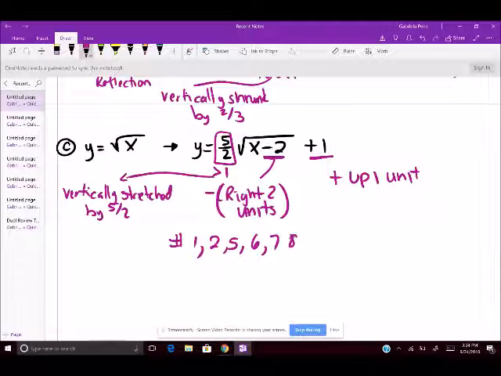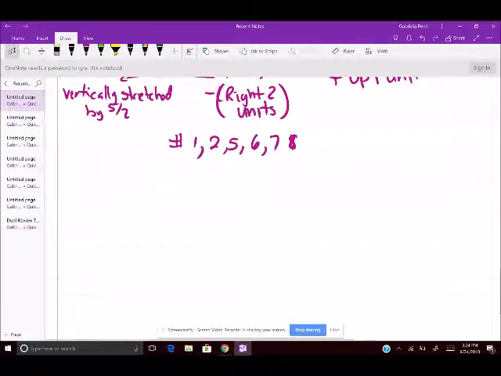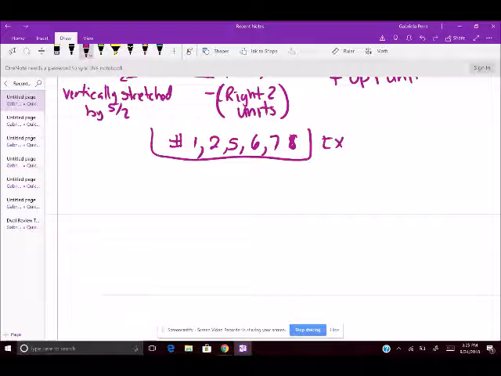So using those 3 examples all together, you should be working on 1, 2, 5, 6, 7, and 8. They all come from examples 1 through example 3. So let's go ahead and move on to a different way that they could give it to you.